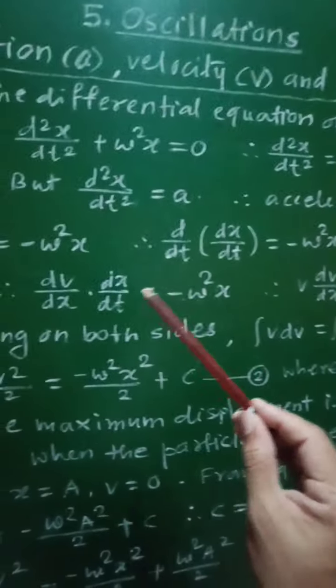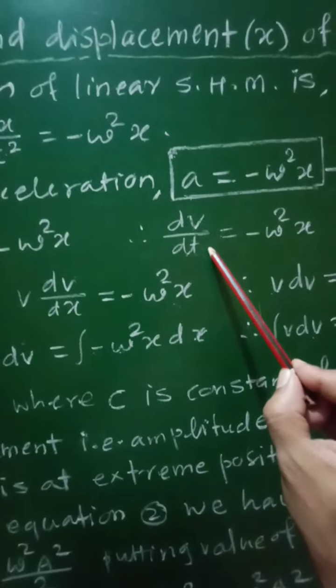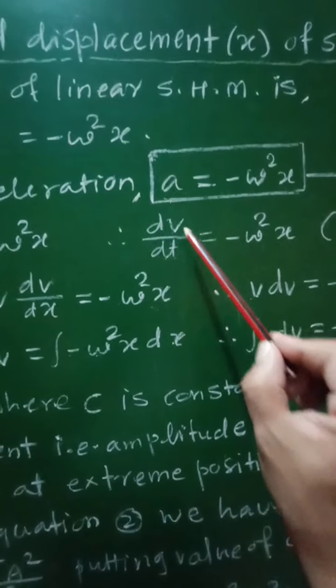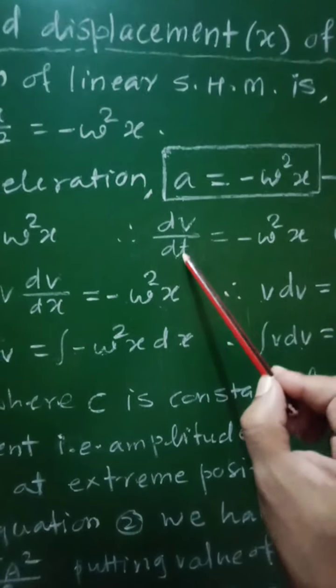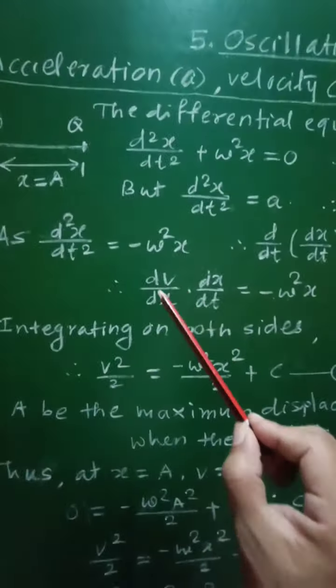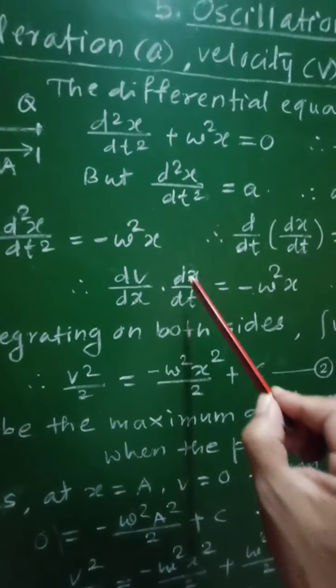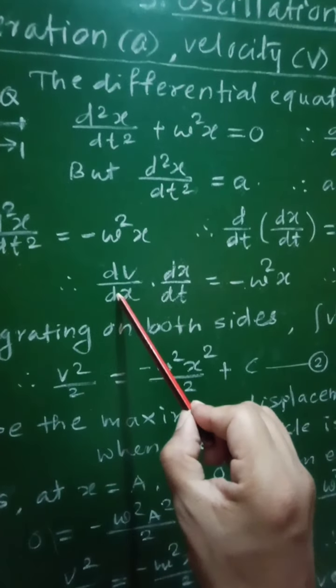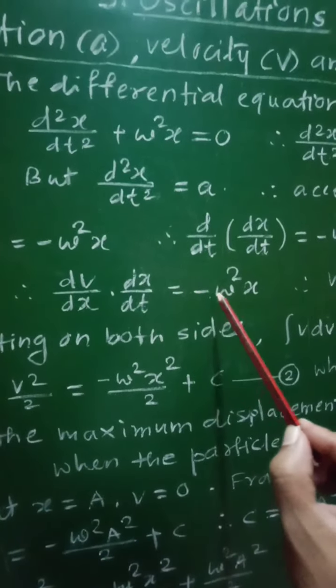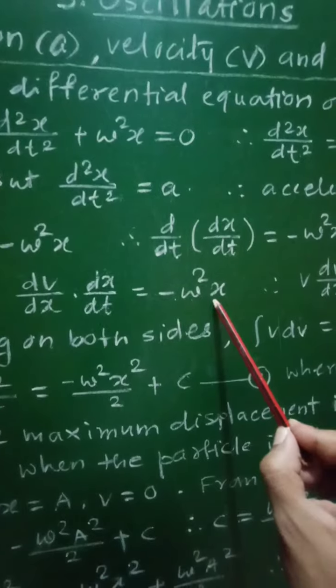Now we can rearrange this term, that is dv by dt will be multiplied and divided by dx, and therefore we can write dv by dx into dx by dt. So dv by dt multiplied and divided by dx will be equal to minus omega square x.